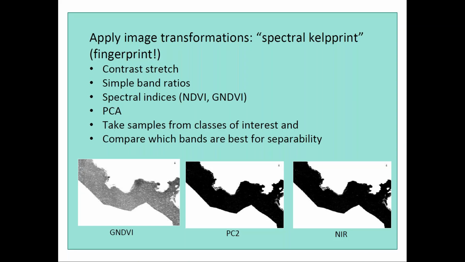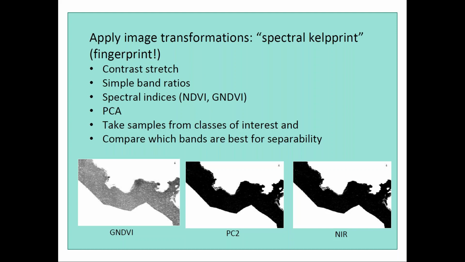So after you do all these pre-processing steps on your image, so you have your best image possible, the next step is working on what we are calling the spectral Kelp print. So we work with different band ratios, contrast. We develop and look into different spectral indices, combining different bands of the satellite that highlight the Kelp signature.